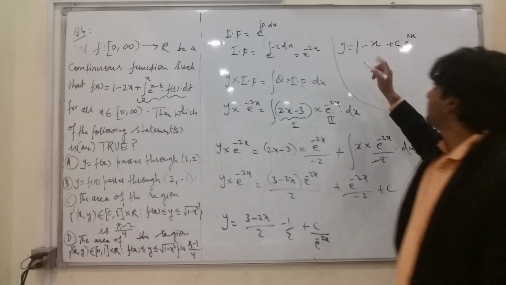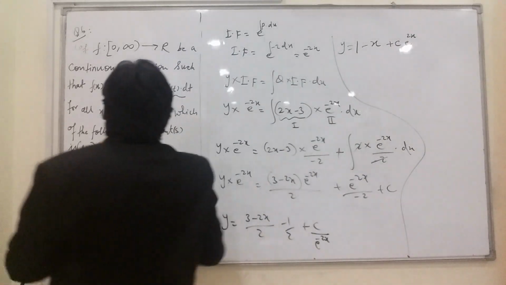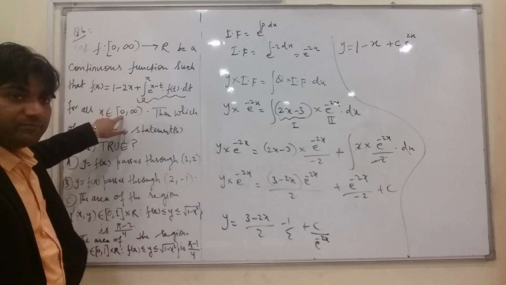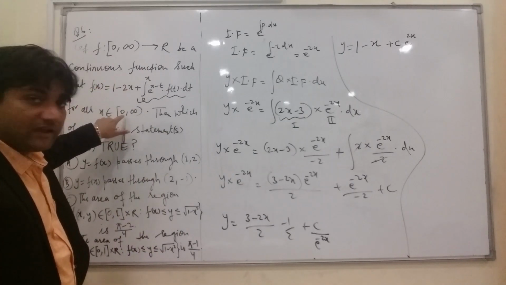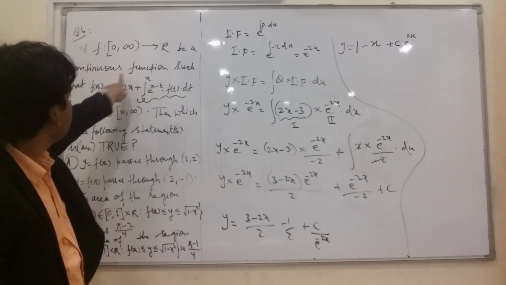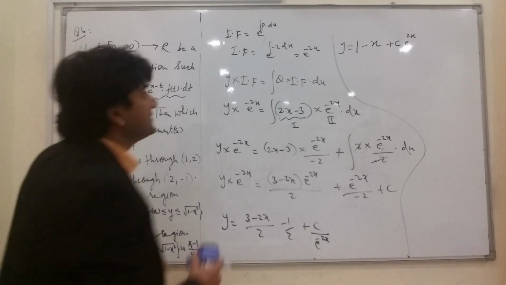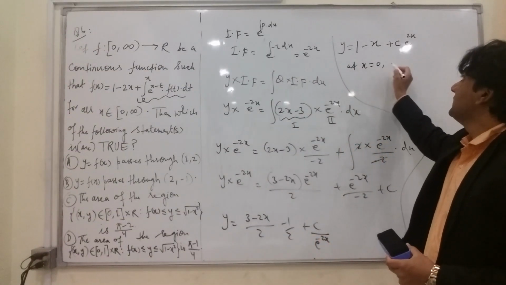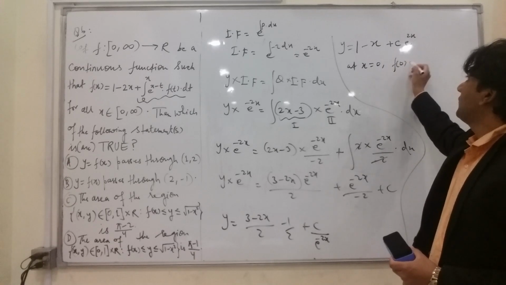I got this. Now I have to think, I can substitute x equals 0, because at 0 we have equality. So if I put x equals 0 here, then what is the value of y? We have to understand this. At x equals 0, what is f of 0?